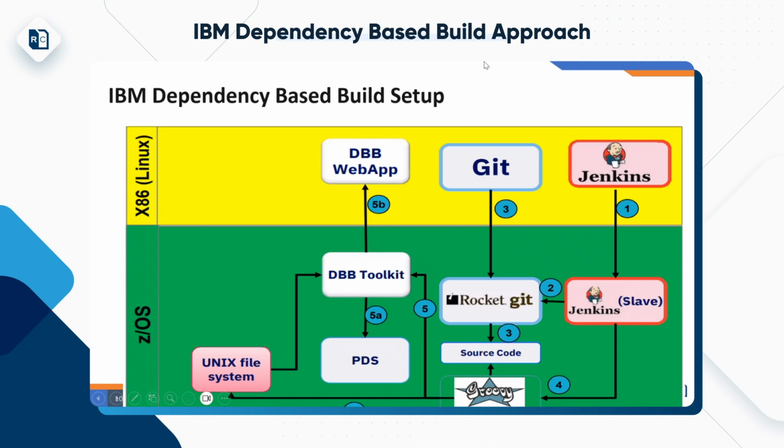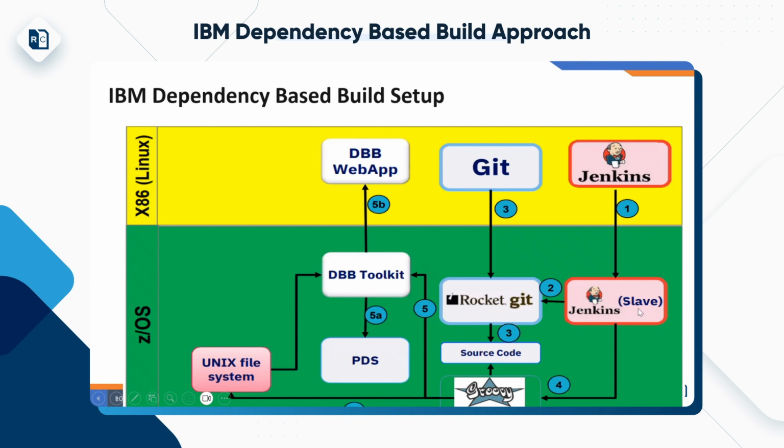Your scripting language is Groovy. Typically, when any code change happens, the build is triggered through your continuous integration tool called Jenkins. The Jenkins server is where the build request is triggered, and it goes to your Jenkins agent running on your Z system, which is able to sense this request.